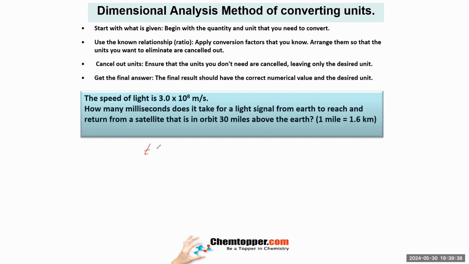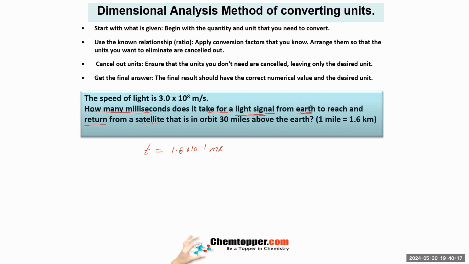Time calculated for light signal to travel from Earth to satellite is 1.6 times 10 raised to power minus 1 milliseconds. So my answer is not ending here because they're asking how many milliseconds does it take for the light signal to travel from Earth to satellite and return also.